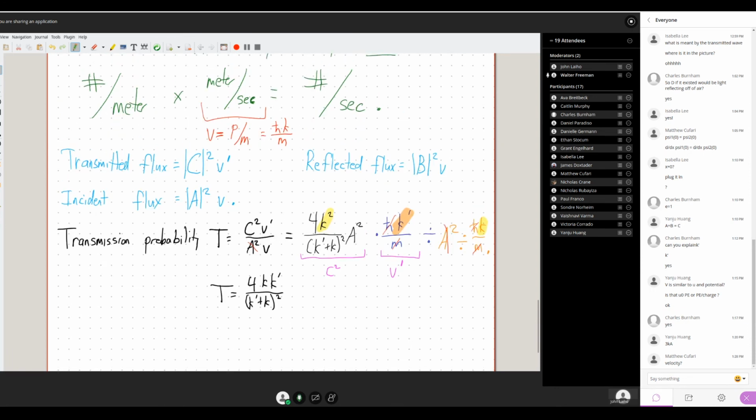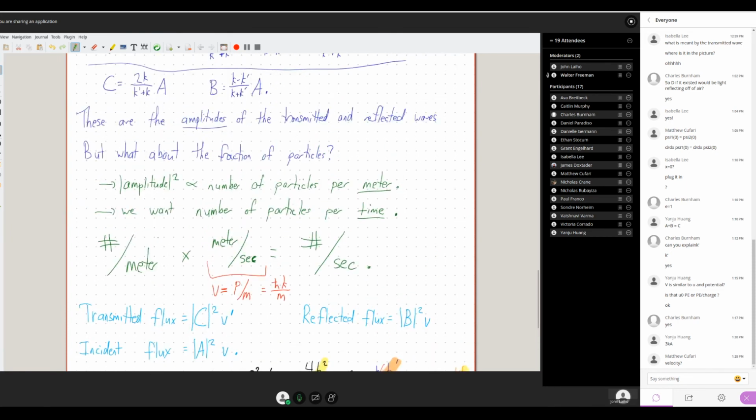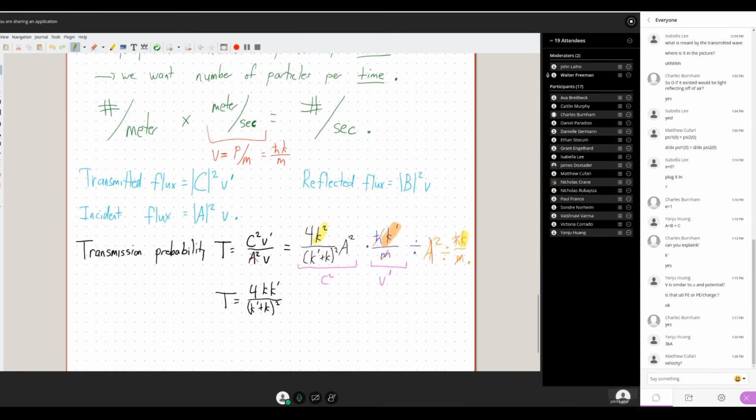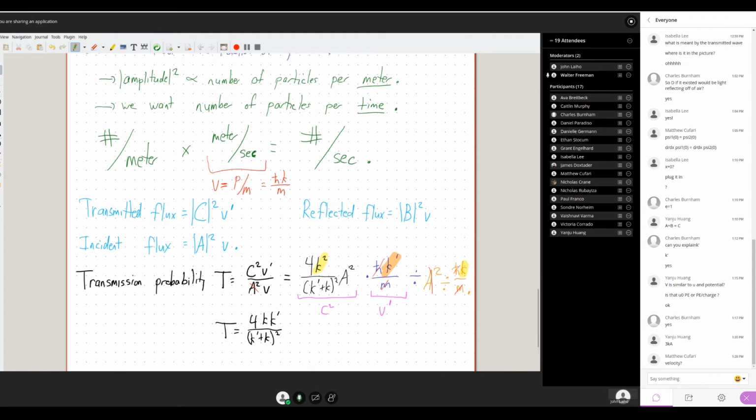The algebra in the end got a little bit icky, but does everybody understand what we did there in going from the amplitude c to the probability? Basically, we squared it, because remember the flux is the probability squared, times the velocity.